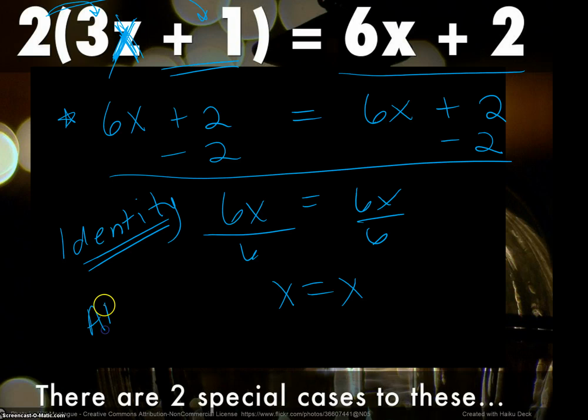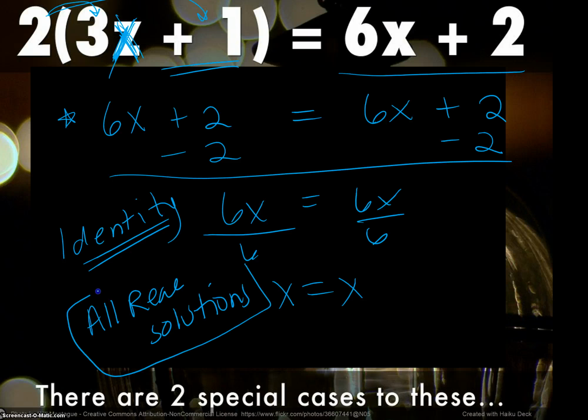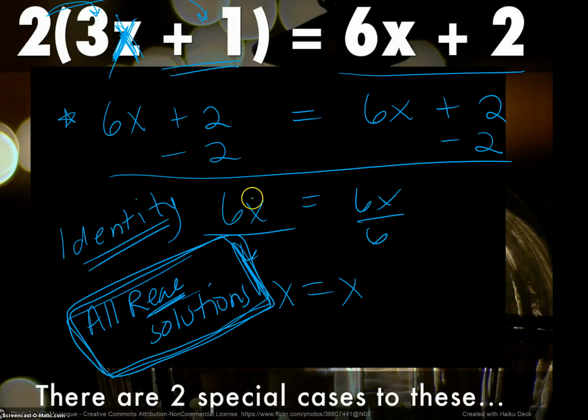So you write all real solutions as your answer, because any real number that you substitute in for x is going to make this equation true. It's going to be equal to x on the other side. Pick a number, and I bet you will make it true, as long as you fixed my goof up here and have an x. Lovely.